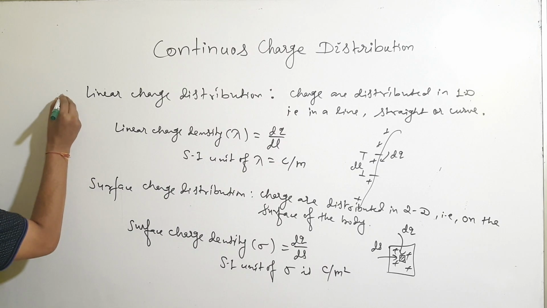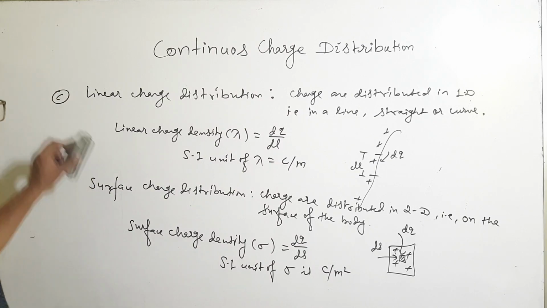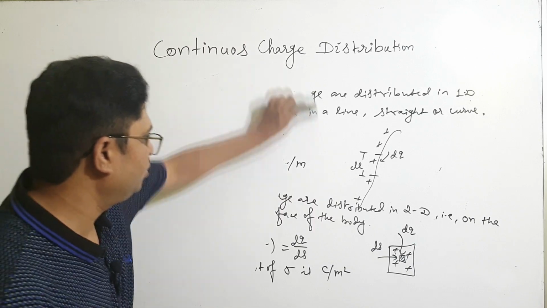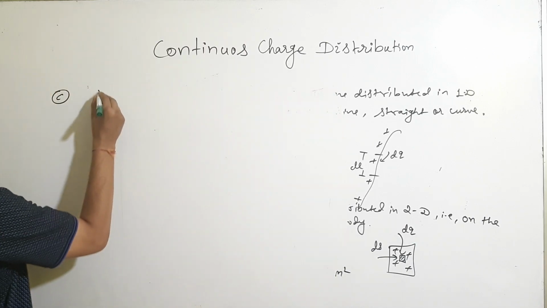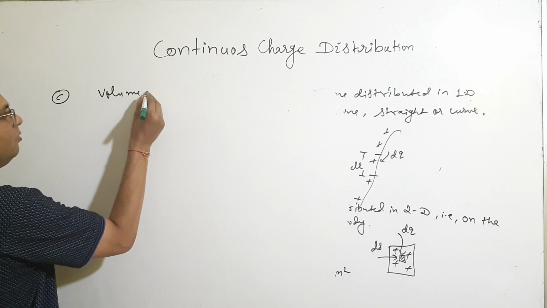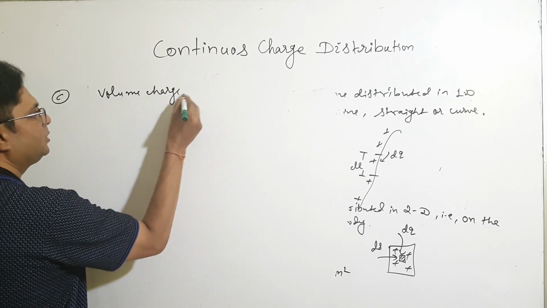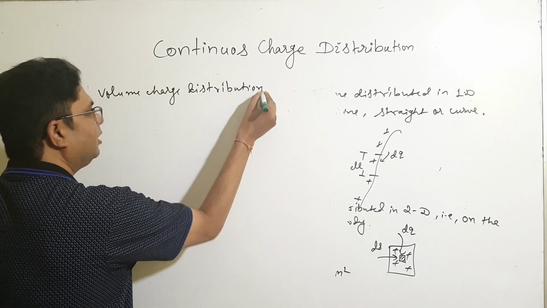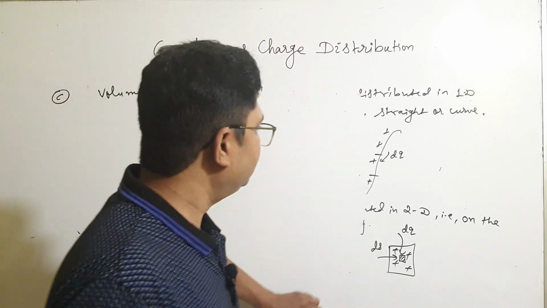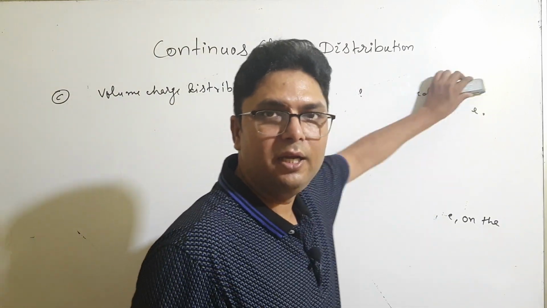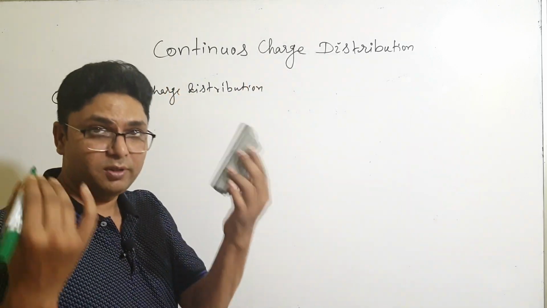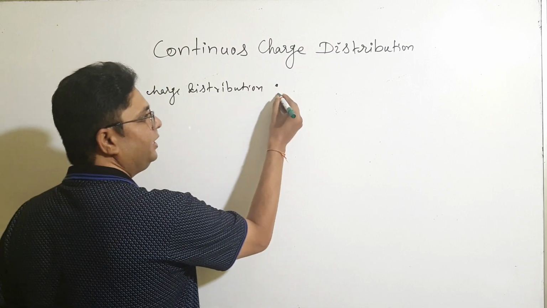Part C is said to be volume charge distribution. Here the charges are distributed over the volume of the body, the entire volume of the body, that is in 3D.